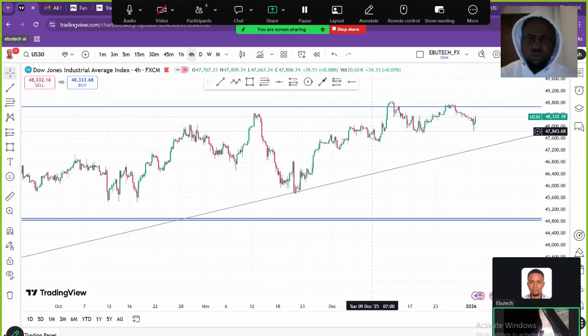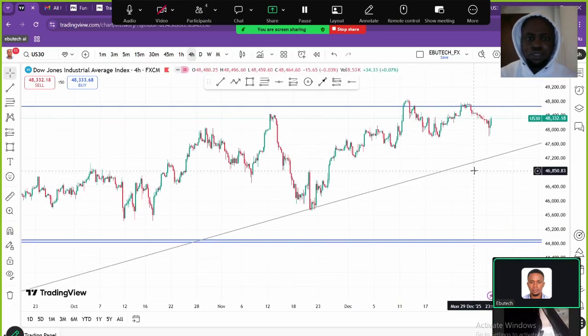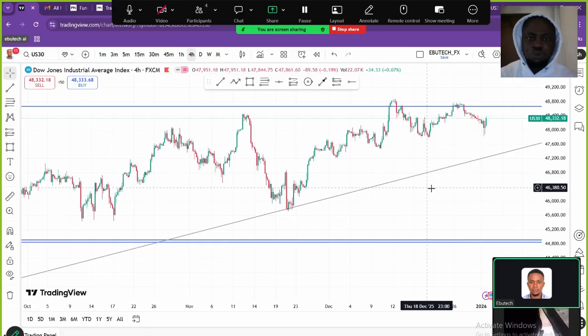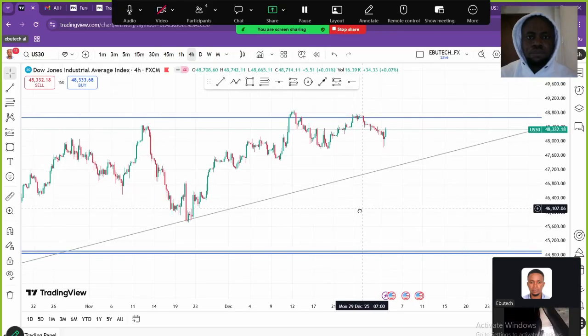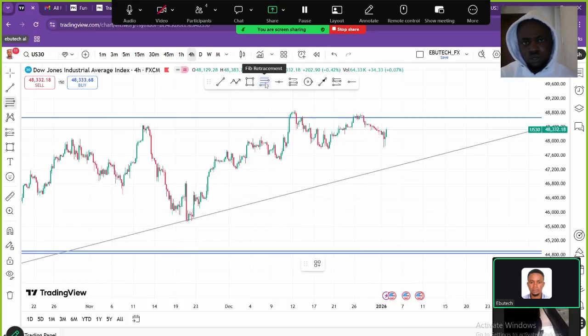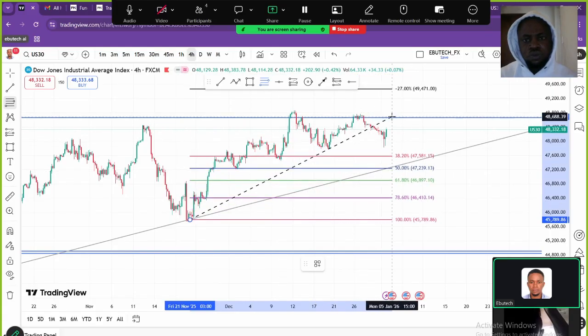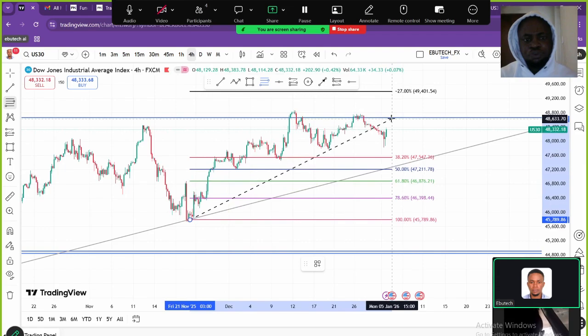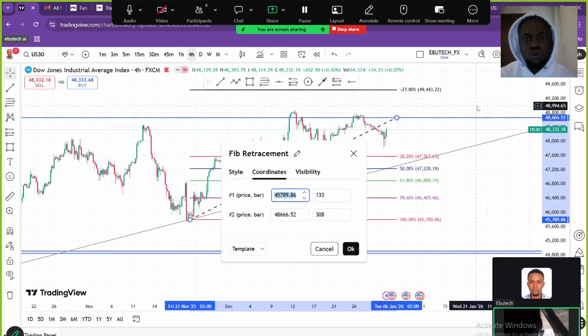So now this market is actually moving up. So what I'm seeing here is that I will get to this Fibonacci tool. This Fibonacci tool, we will first of all mark from the previous low.